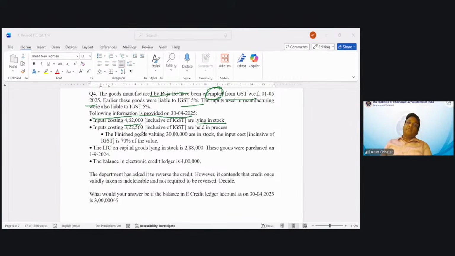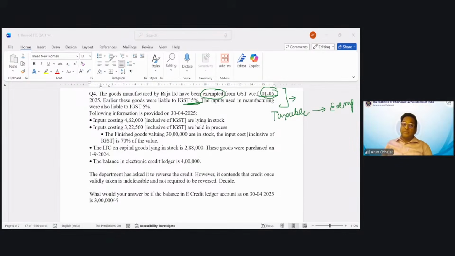Now, what do you understand? I'm saying that goods were exempted on this date and earlier they were liable to 5%. What comes immediately to your mind? What will happen if the taxable item becomes exempted?